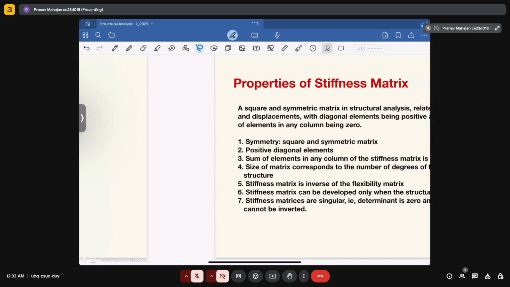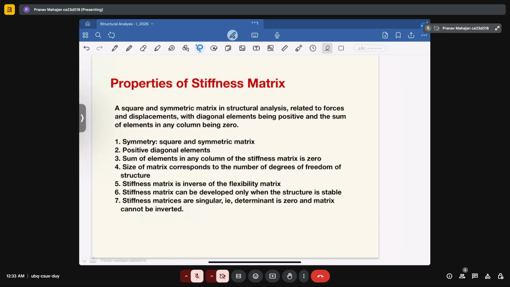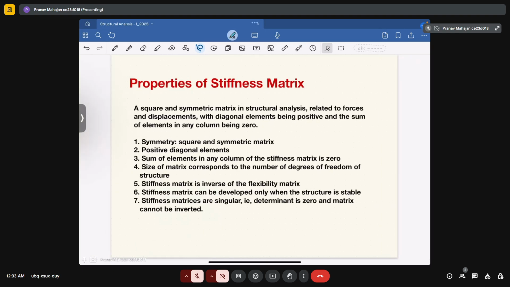So, what is the stiffness method and what are its properties? The stiffness matrix is a square and symmetric matrix that we use in structural analysis, and it relates forces and displacements, in which the diagonal elements are always positive, as well as the sum of elements in any column being zero.